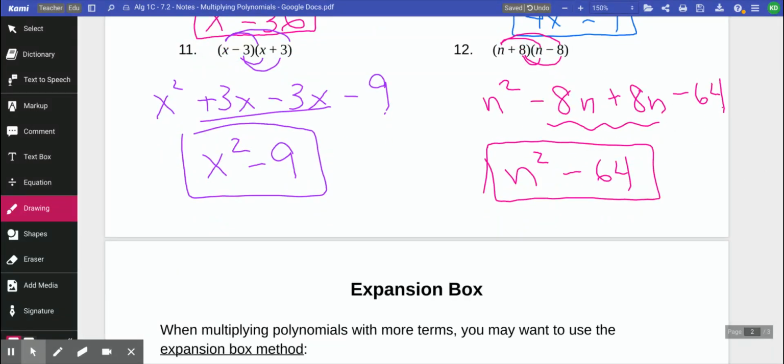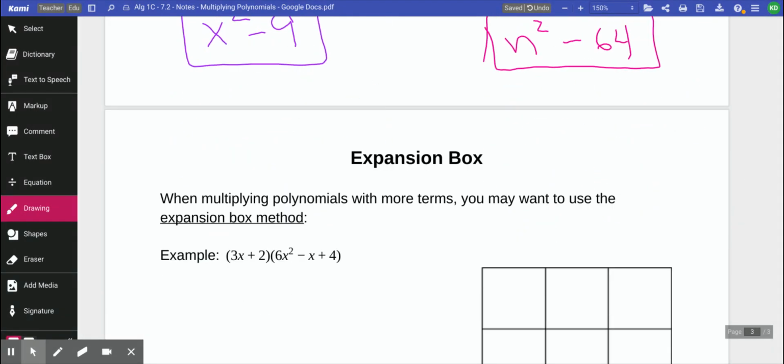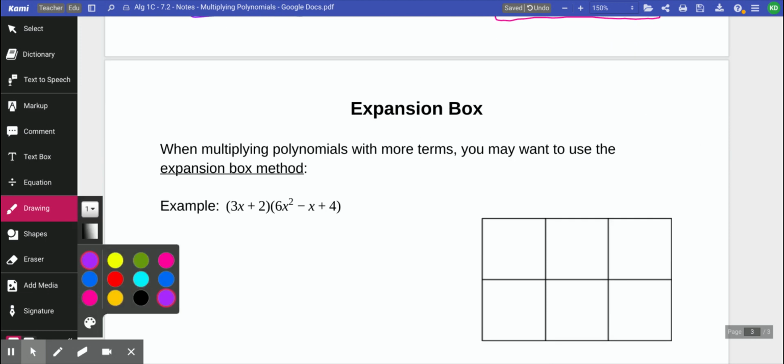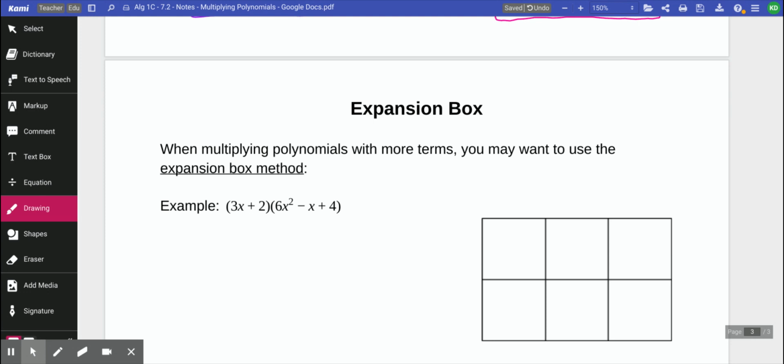Okay, so let's just do a little bit more with this expansion box. This is where it's going to be really useful, if we multiply larger polynomials. So this is no longer a binomial times a binomial. This is a binomial times a trinomial. So we're going to find the side that has 2 boxes, and we're going to put our binomial down that side, so 3x plus 2, 1 term in each box.